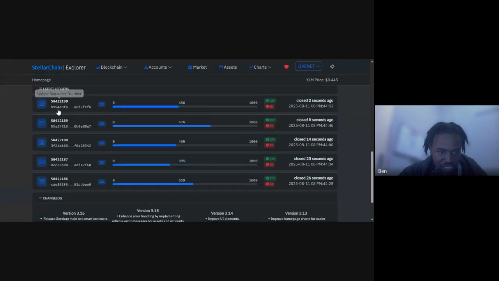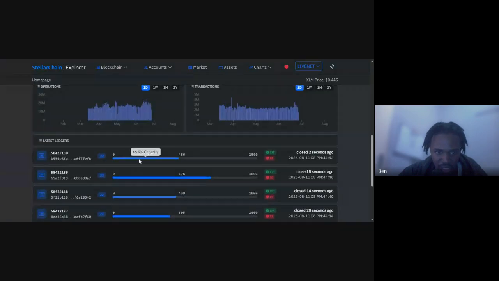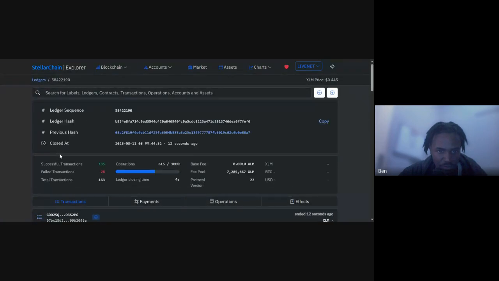Remember the ledgers as various transactions. So let's go inside this ledger. It's ledger, no, actually I'm wrong, it's 48 million. Yeah, 48 million. So this is the ledger.